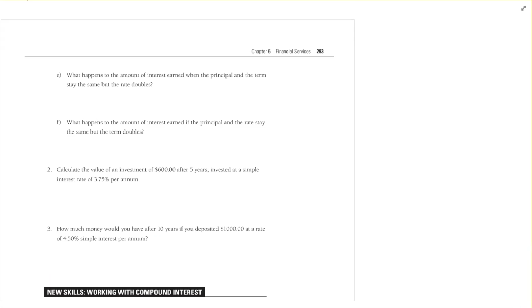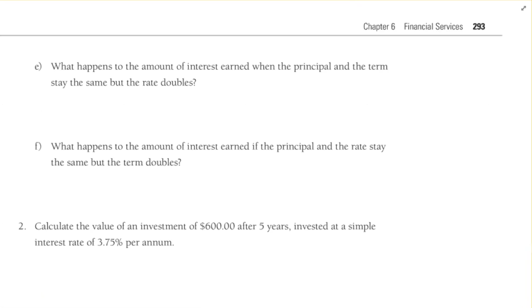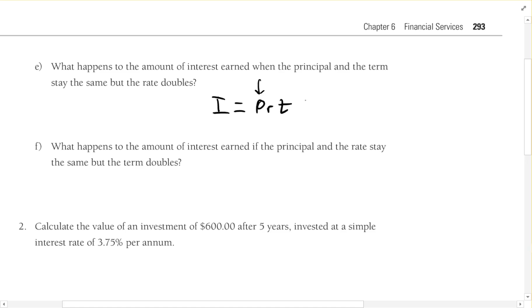E. Let's go to E. So what happens to the amount of interest earned when the principal and the term stay the same, but the rate doubles? All right, so what I find helpful is write down the formula. So I is equal to PRT. And now it's saying that the principal and the term are exactly the same.